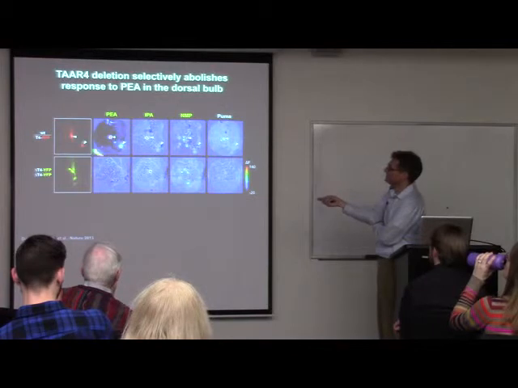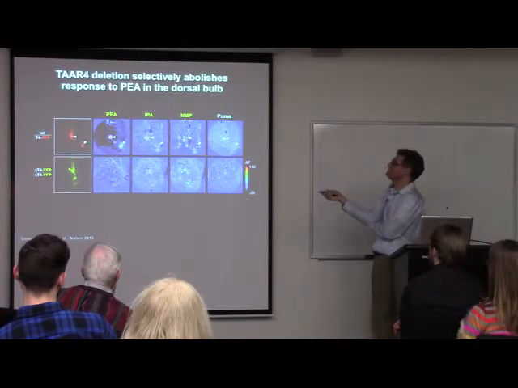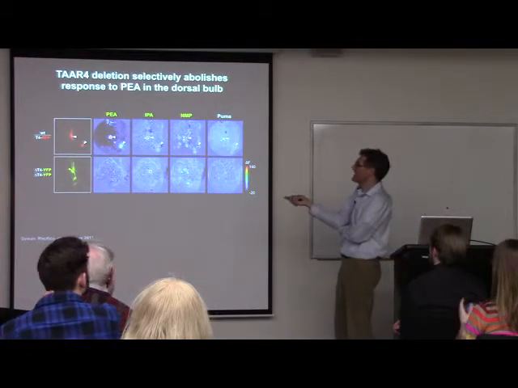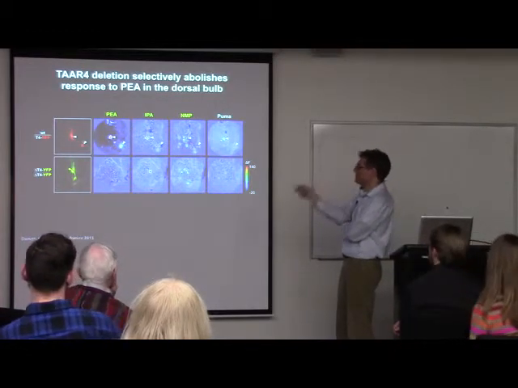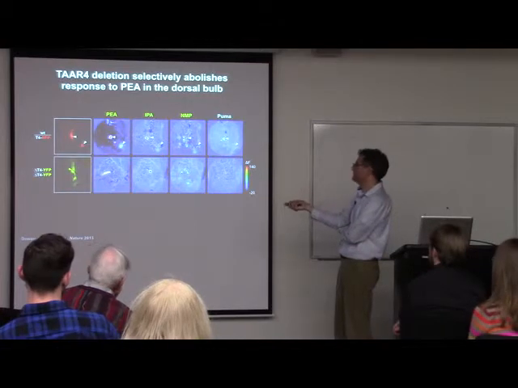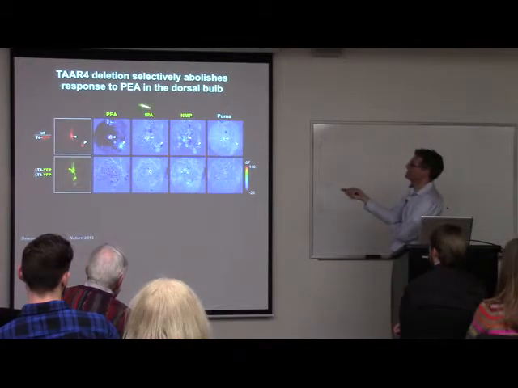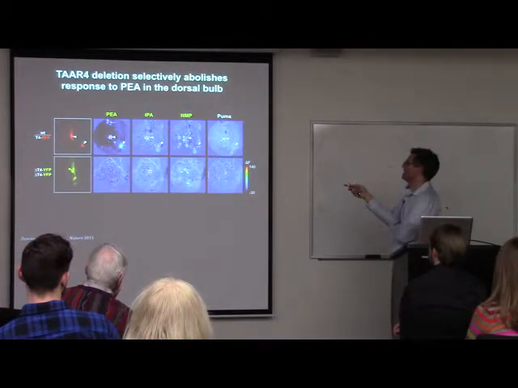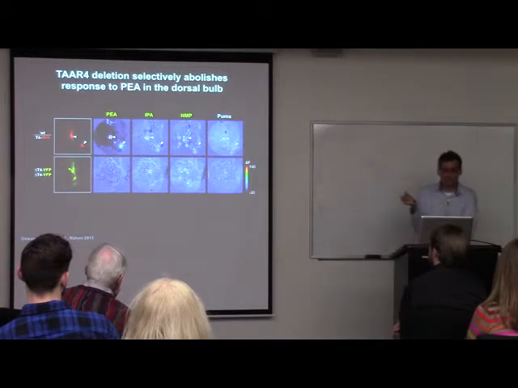So here's phenylethylamine response in a region of the bulb where the TAR4 glomerulus is, in an animal in which TAR4 is tagged. If you look in that same region, in the homozygous deletion, you don't get a response to phenylethylamine, but you do get responses to isopentylamine and methylpiperidine, and the volatiles from puma urine are not seen.